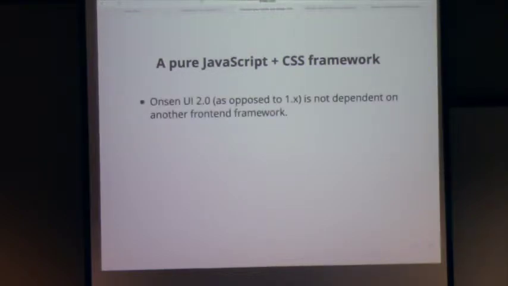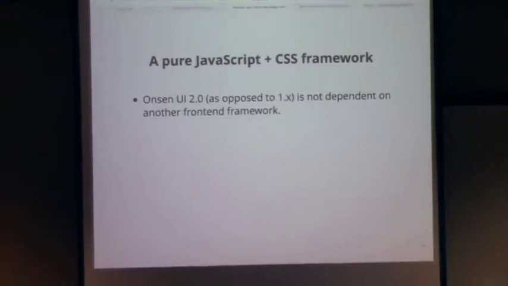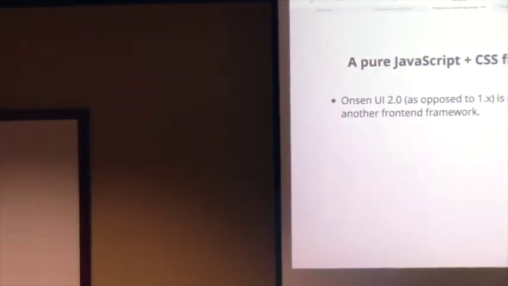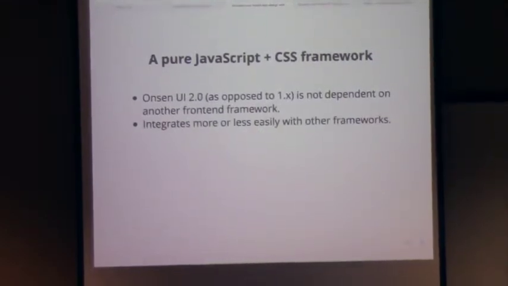So Onsen 1 was based on Angular, we were using Angular directives to implement all the custom elements. But we've chosen to go a different route. So we use the custom elements API, which is an API that's available in the browser. Actually, right now it's not in all browsers, so we use a polyfill, but for example in Chrome, it's already been implemented.